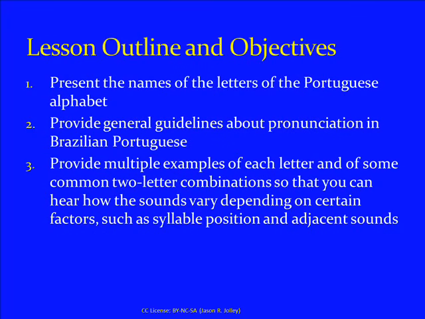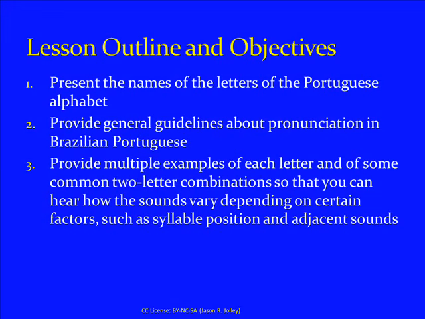Alright, so now that we've got that introduction about the correspondence between letters and sounds out of the way, I thought it might be helpful to tell you what I want to do in this video. We're going to take a look at the Portuguese alphabet. I'm going to go over the names of the letters because this actually is helpful to know, because sometimes you need to spell out a name or a word to another person.